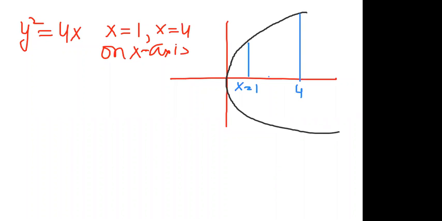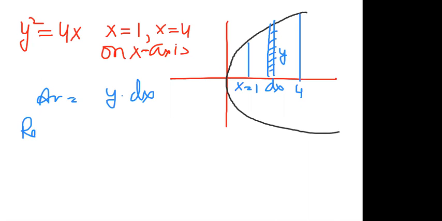So I'm making a small thin strip of thickness dx. This strip is of thickness dx and its height is y. So the area of the strip will be y dx.